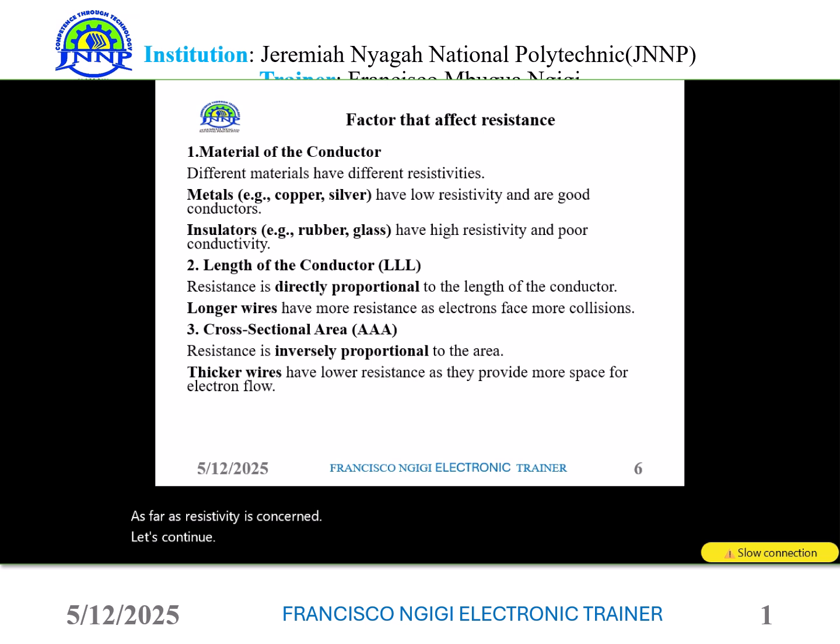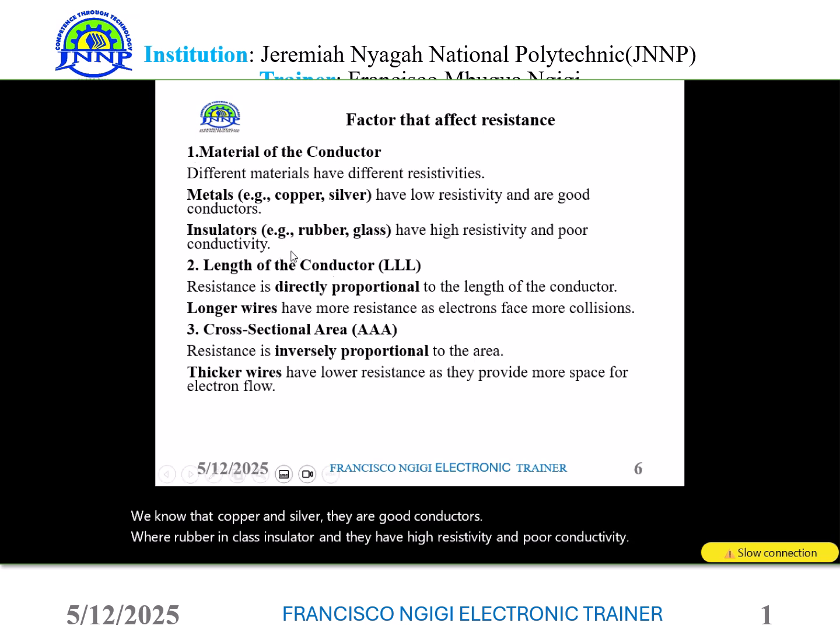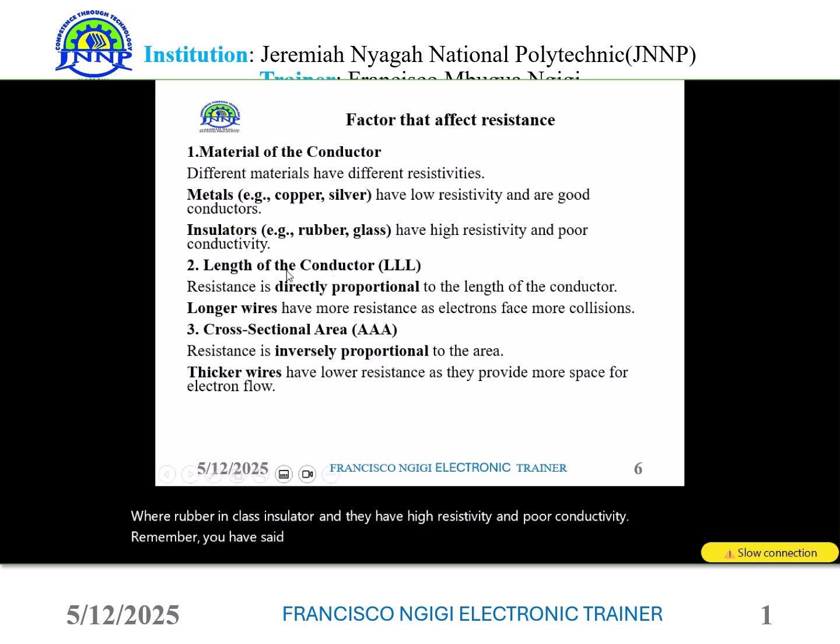Number 1, the material of the conductor. For example, copper and silver are good conductors, while rubber and glass are insulators and they have high resistivity and poor conductivity. Remember, I have said that resistivity is the inverse of conductivity. Number 2 is length of the conductor.